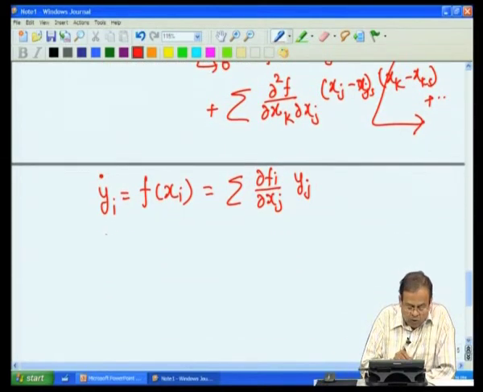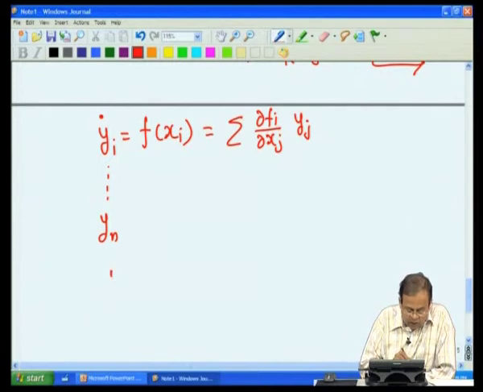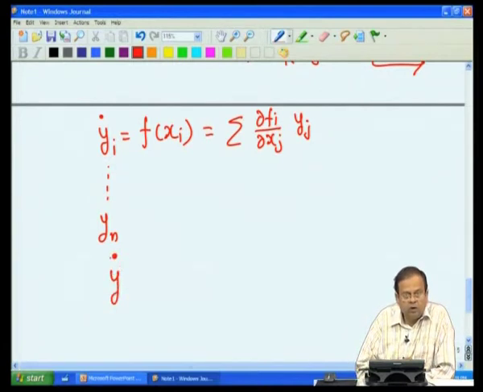So, if I write for all such i's, y 1, y 2, y_i up to y n, and put all these things together, I will have the perturbation dynamics y dot defined as follows.